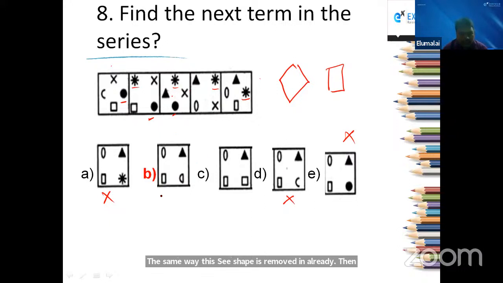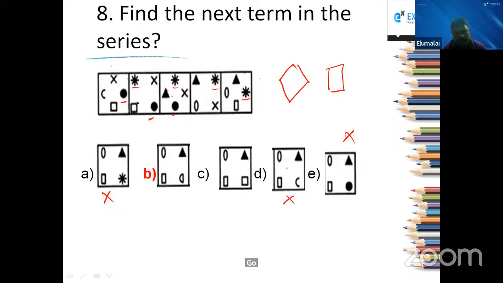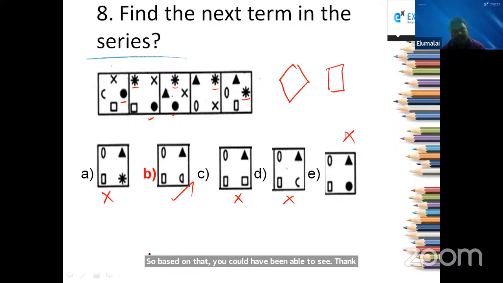Then either B or C are the possibilities. Now, when you trace this, square is also removed already in the second figure itself, right? So in the third figure, square is removed. So based on that, you could have removed this C, then option B can be the answer. I hope you can understand this.